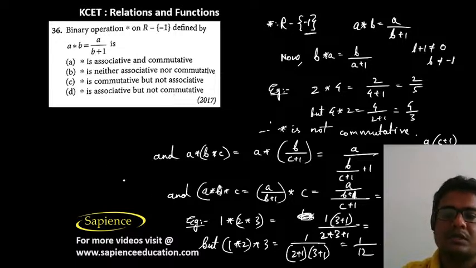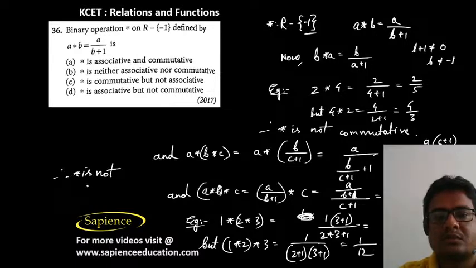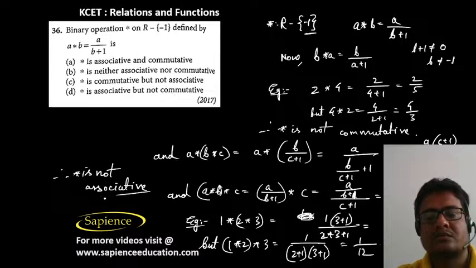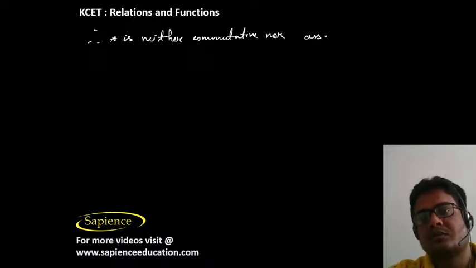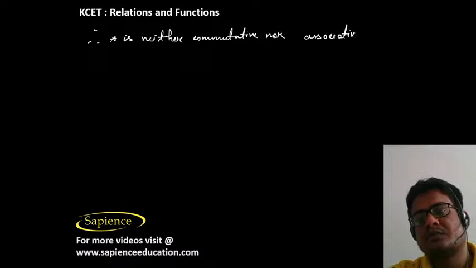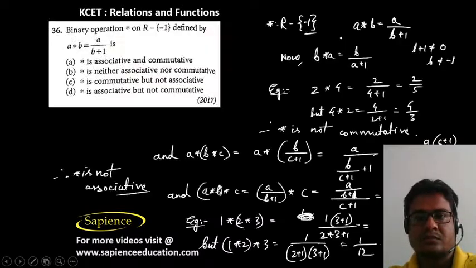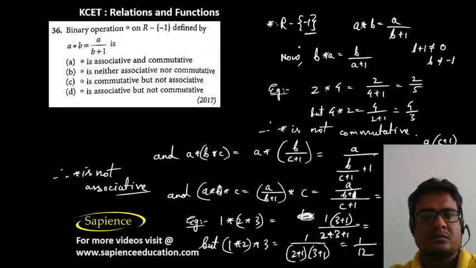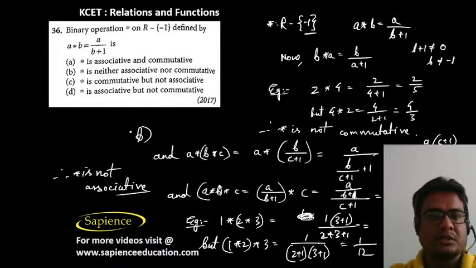So they are not the same. Therefore the operation star is not associative. So the operation star is neither commutative nor associative. So option B is the correct answer.